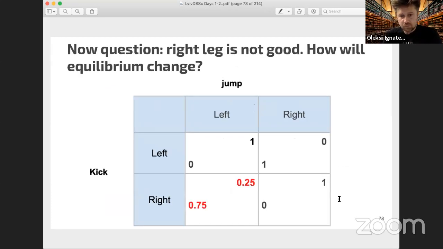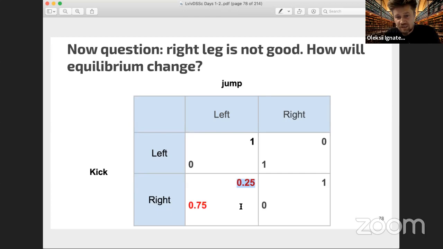And now let's change the payoffs a little bit. Suppose that the right leg of the kicker is not really good. So when he kicks to the right and the goalkeeper jumps to the left, with 75% he scores, but with 25% he just misses, and there is no goal.